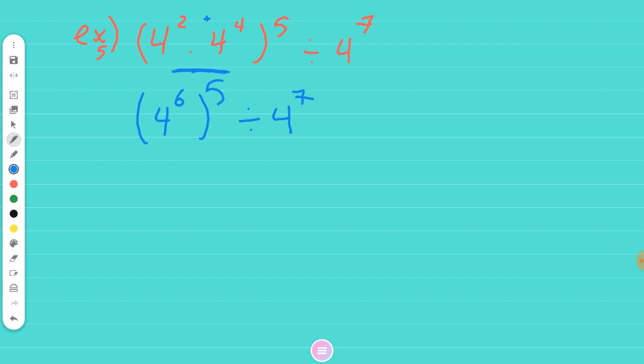Then power of the power, what should we do? Yes, multiply the powers, so it's 4 to the power 5 times 6, which is 30, divided by 4 to the power 7. In case of division with the same base, we put the base and subtract the powers, so it's 30 minus 7 equals 23. So this is the final answer.